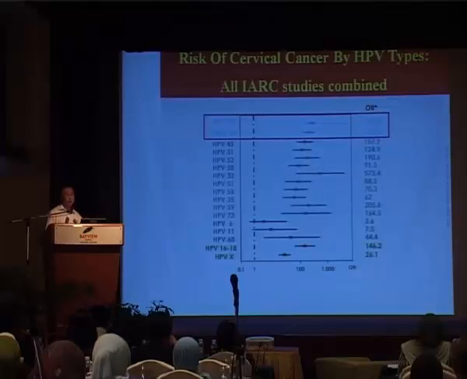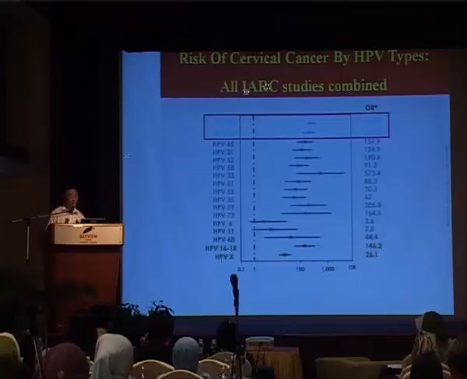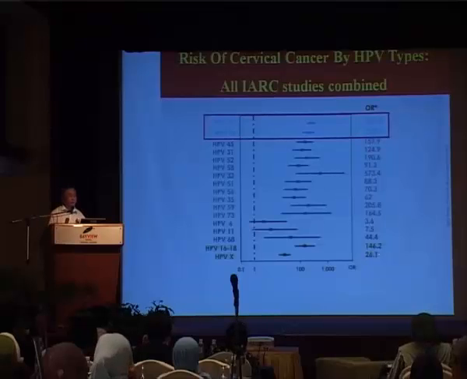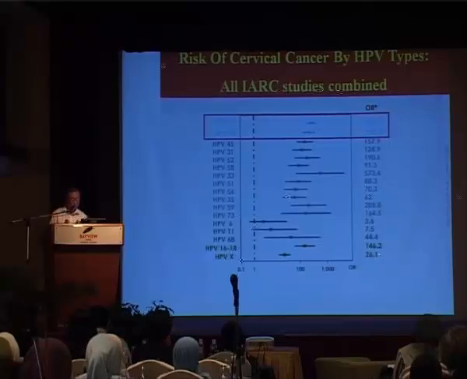The odds ratio between cigarette smoking and lung cancer is in the order of 20. So the magnitude of risk of cervical neoplasia in HPV 16 and 18 infection is at least 10 times higher compared to cigarette smoking and lung cancer.